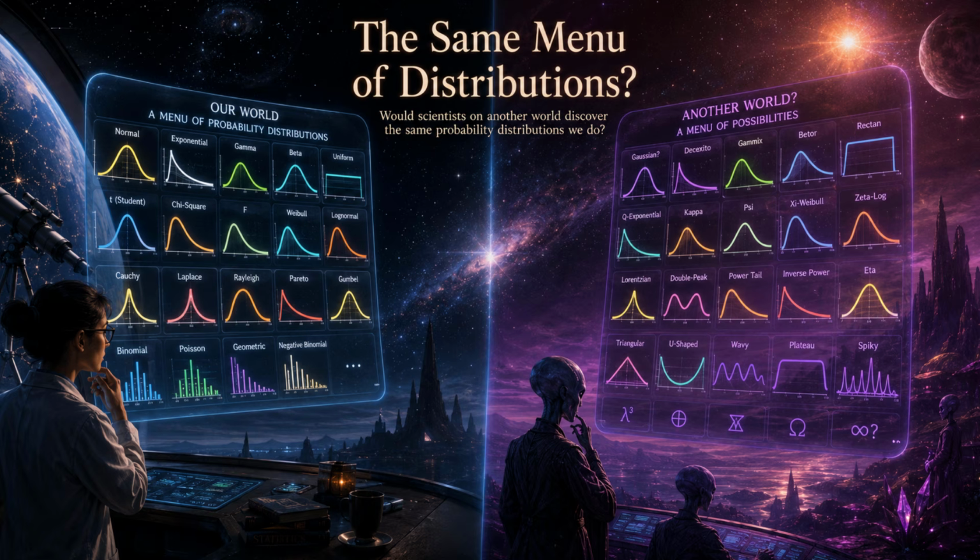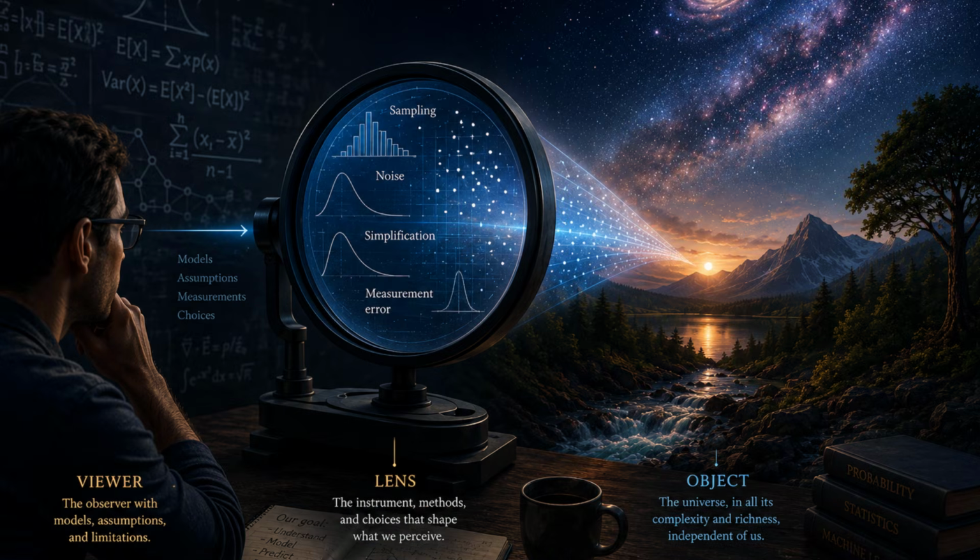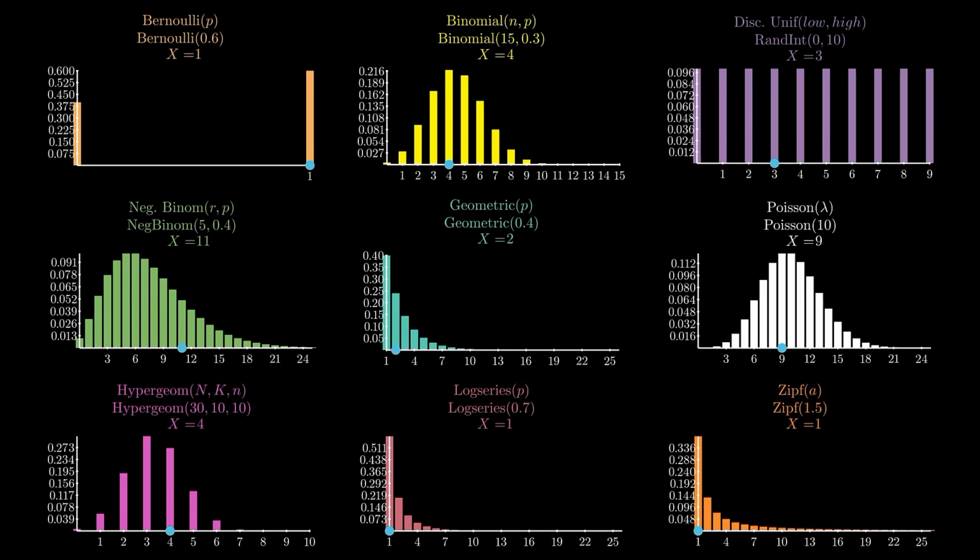Or does their menu of distributions look completely different? Is the fact that we landed on these particular distributions a manifestation of the universe we live in, or merely of the lens through which we perceive and study the universe around us?